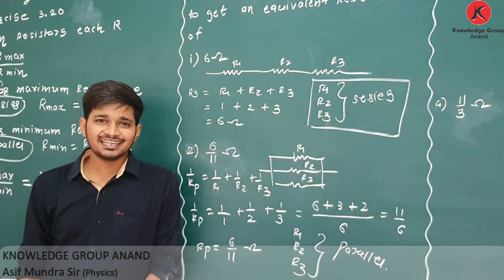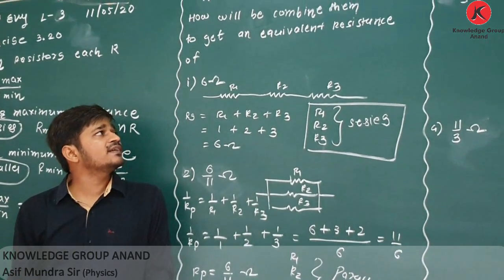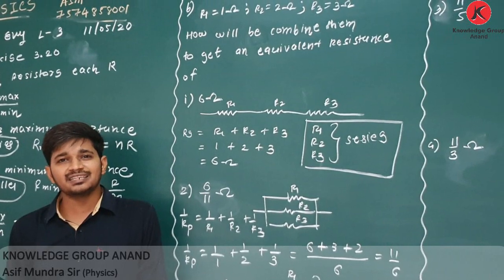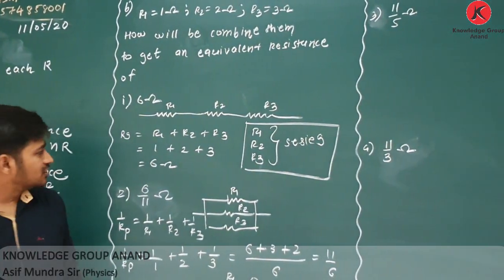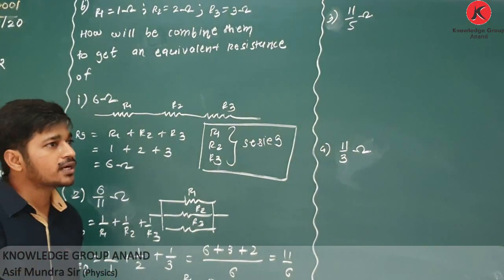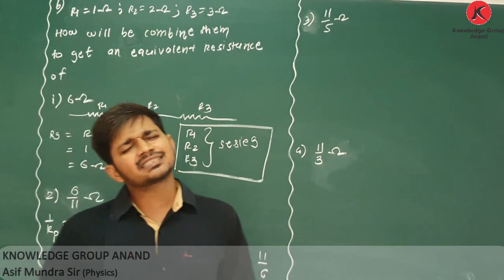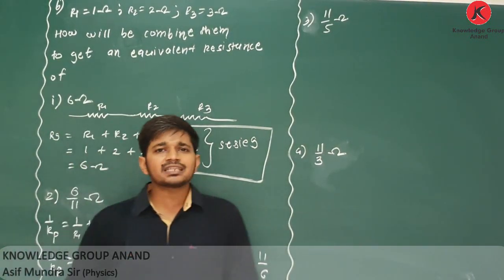Now the third one: to get an equivalent resistance of 11 upon 5 ohm. See, 3 resistors in series are over, 3 resistors in parallel are over, now their combination. There are a number of cases.